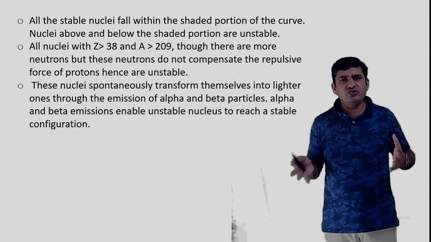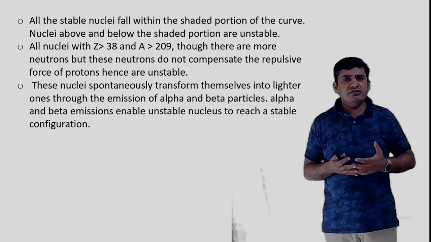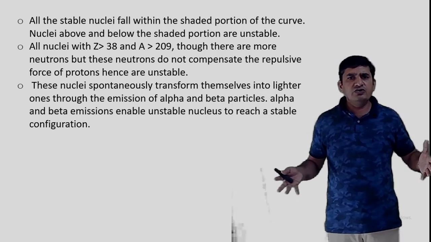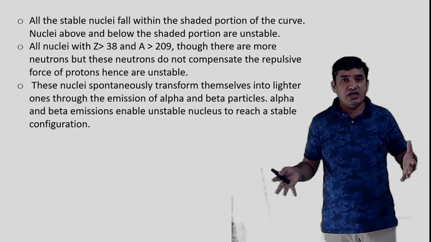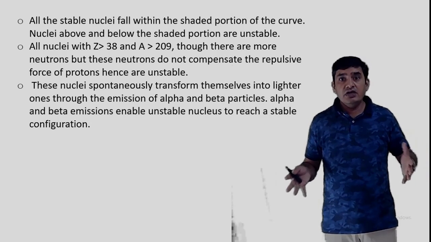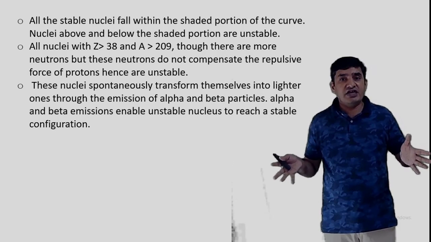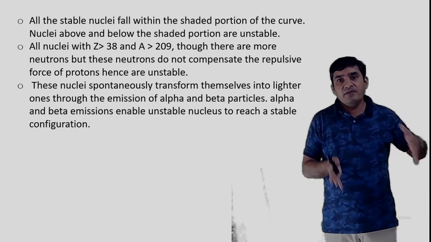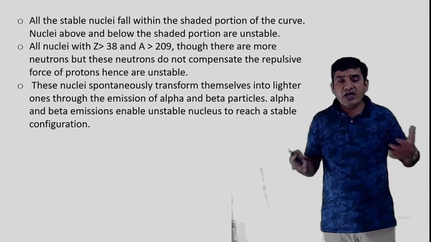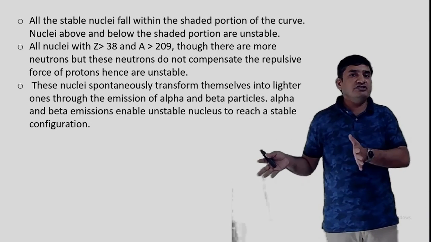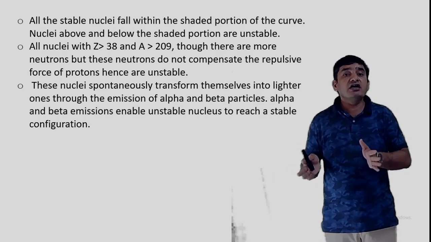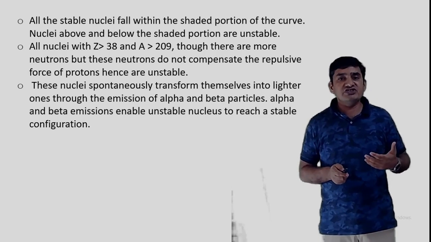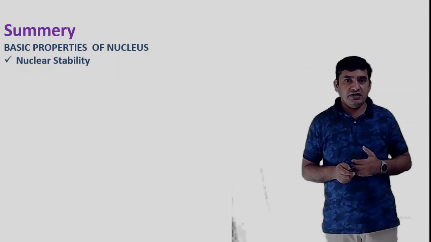If we consider uranium-238 as the heavier nucleus, it breaks into lighter nuclei. Okay, the uranium is unstable, but from uranium we obtain fission fragments which are stable. So this process is carried out.